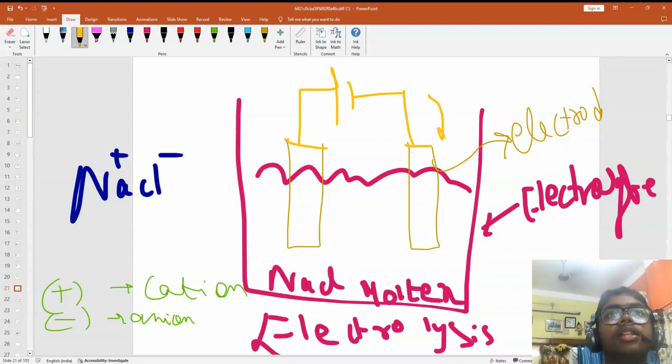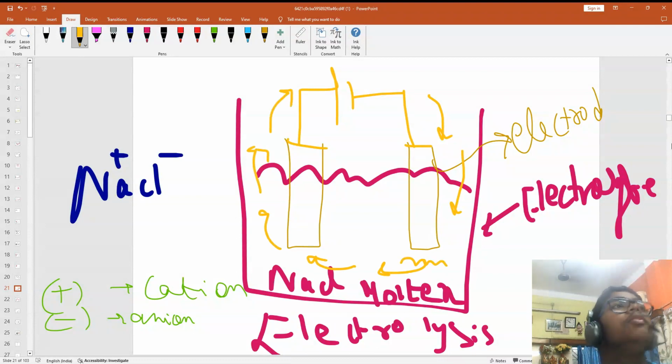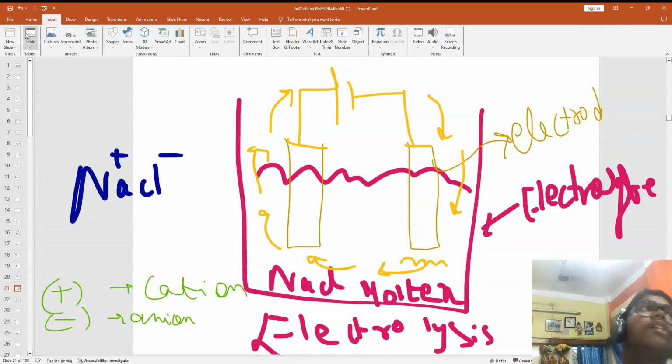So electricity is passing. Here there is no connection, but the water is still there, and that can conduct electricity also. So electricity will be passed, and the circuit will be complete. That means electricity will be passing through this circuit.